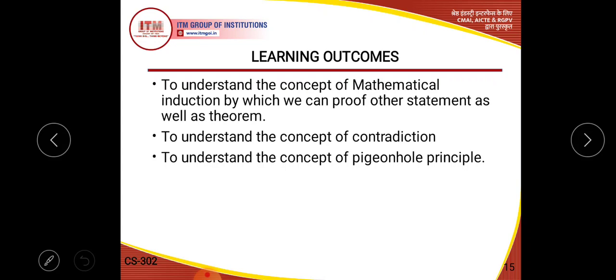In the last topic, we understood the pigeonhole principle. We also understood this principle with the help of set theory. So these are the learning outcomes of this video.